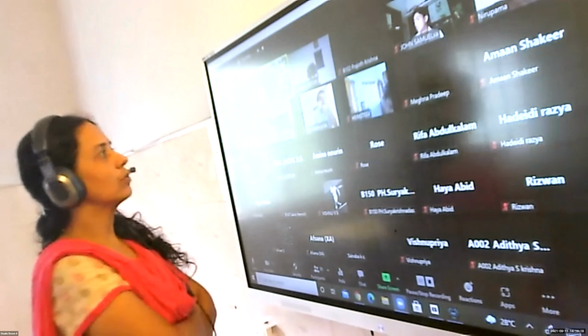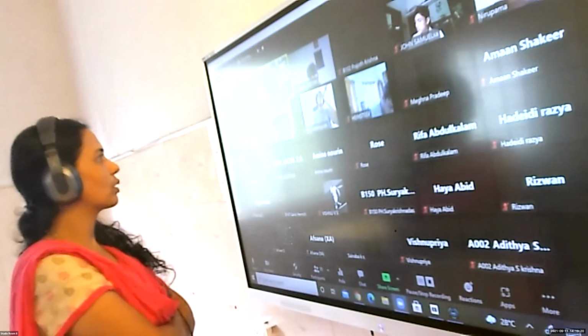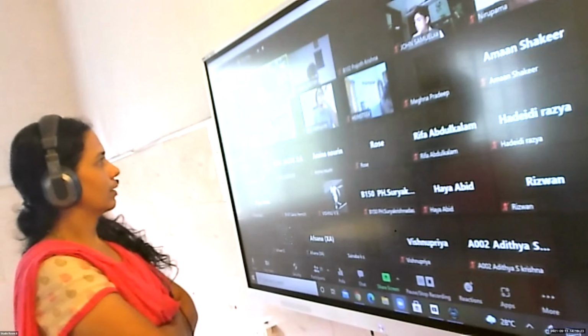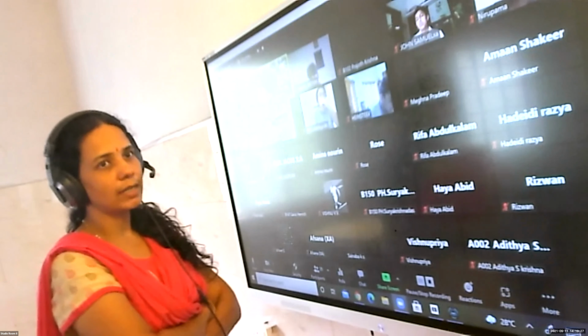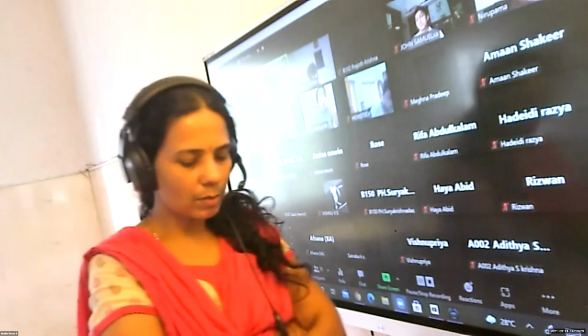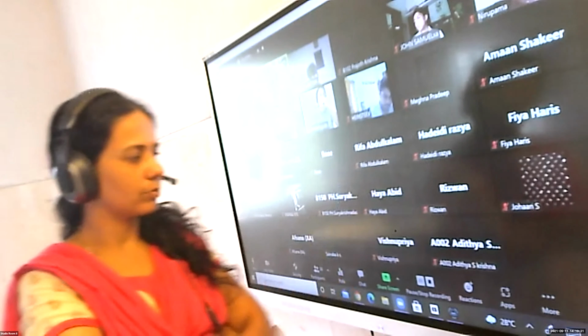A pack of 20 bulbs contains 4 defective ones and one bulb is selected at random. What is the probability that the selected one is defective? What will be the answer?